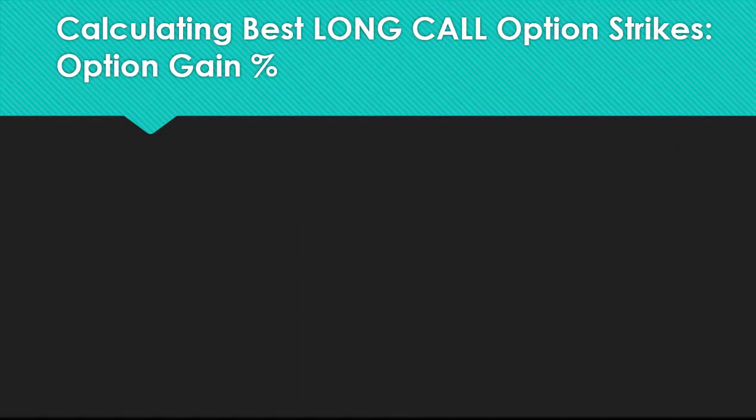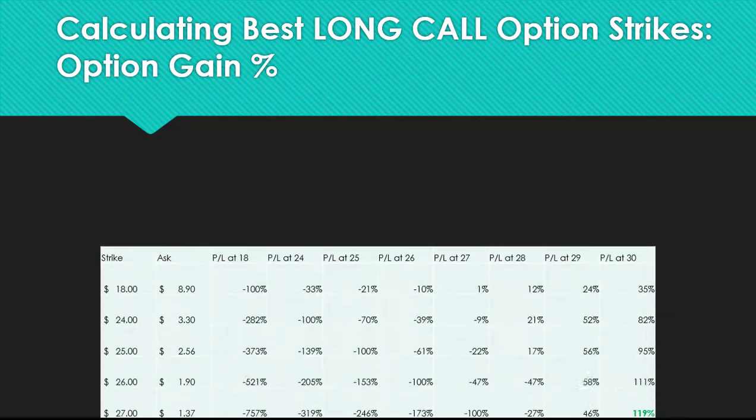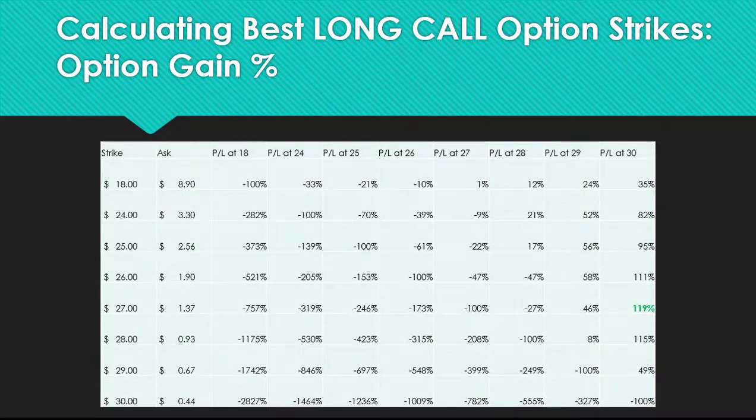So here's calculating the best long call option strikes. We do this by looking at the percentage gain for that option. So here's a spreadsheet. As we look this over, here's our $18 strike, our $30 eventuality. Isn't it interesting? Compared to our 67% of merely buying and selling the stock, the option only gives us 35% if we did that same transaction.